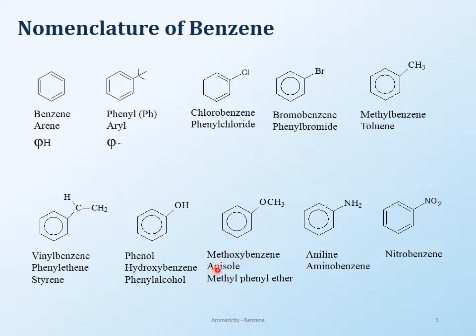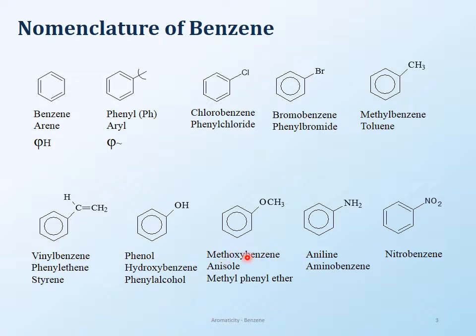It is generally called anisole, and yes, I know you're thinking where is the ani and where is the ol. I have no idea, but anyhow, that's the common name for this compound. And then the last name for this one would be methylphenyl ether, as we learned in ethers. Okay, so you can just name either side of the oxygen and then name it as ether. So all 3 of them, very common names.